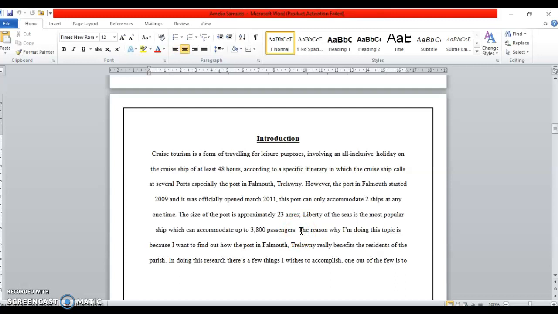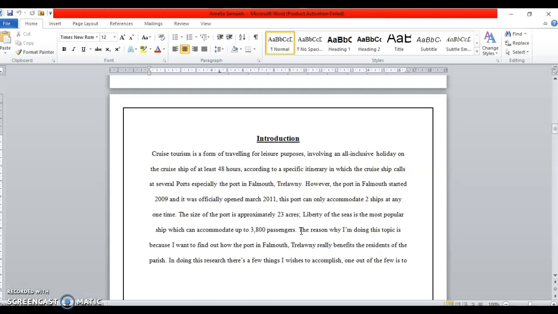It says, the reason why I'm doing this topic is because I want to find out how the Falmouth Port in Trelawney really benefits the residents of the parish. In doing this research, there are a few things I wish to accomplish.